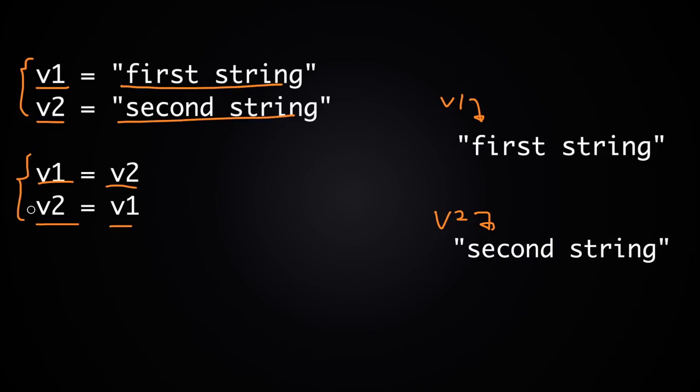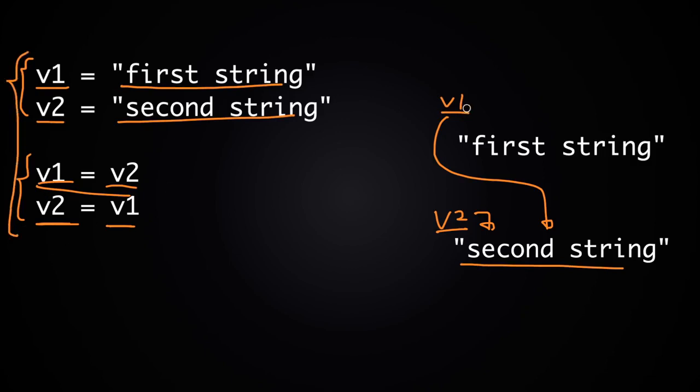But actually this solution is wrong, because when we execute this line, v1 equals v2, v1 now refers to whatever v2 refers to, of course, which is second string. And then when we write v2 equals v1, v2 will now refer to what v1 refers to now, which is second string. So at the end of these lines of code, we'll have v1 and v2 both referring to second string, which is not what we want.